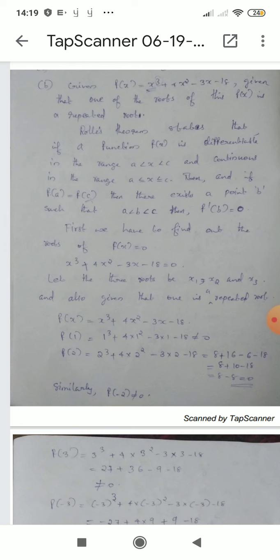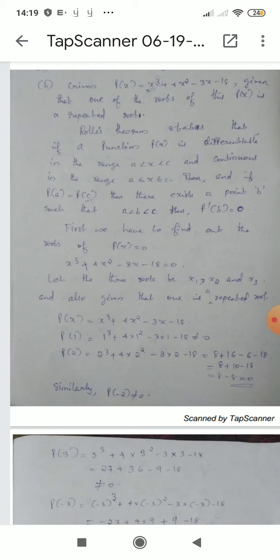I have to find out the roots of f of x is equal to 0. Okay. So, what is f of x? x cube plus 4x square minus 3x minus 18 is equal to 0. So, this is a cubic polynomial. It has at most 3 roots, and the 3 roots may be distinct or may not be distinct.